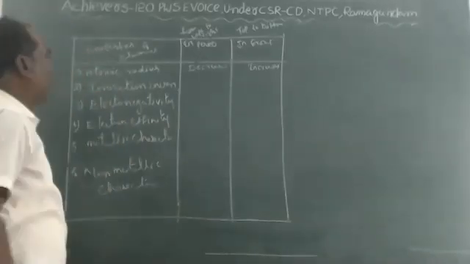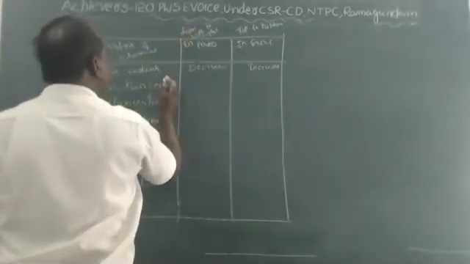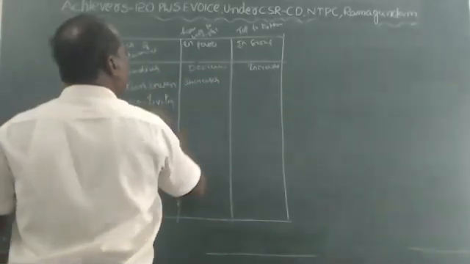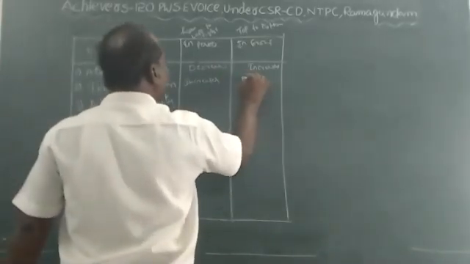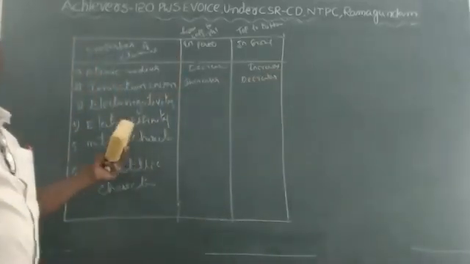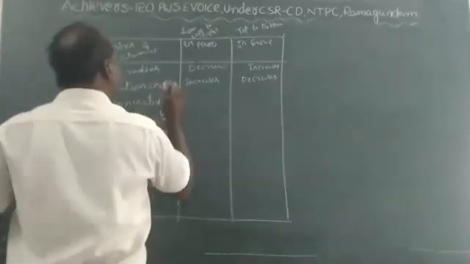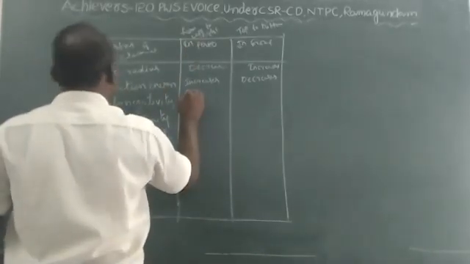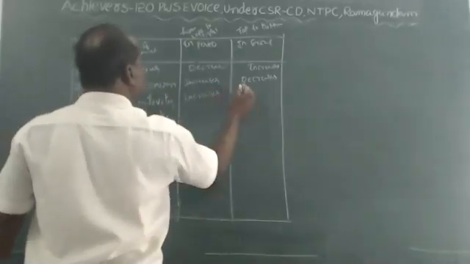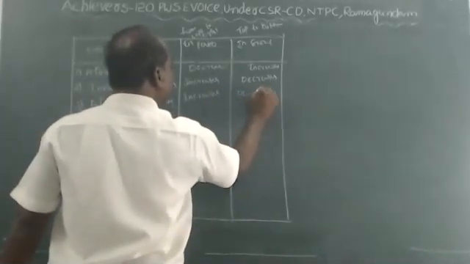Ionization energy in a period from left to right increases. In a group from top to bottom, it decreases. Electronegativity in a period from left to right increases; top to bottom, it decreases.